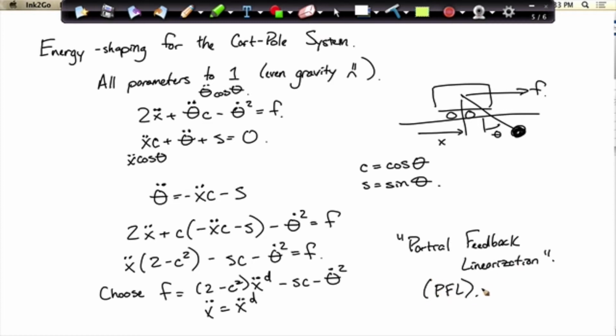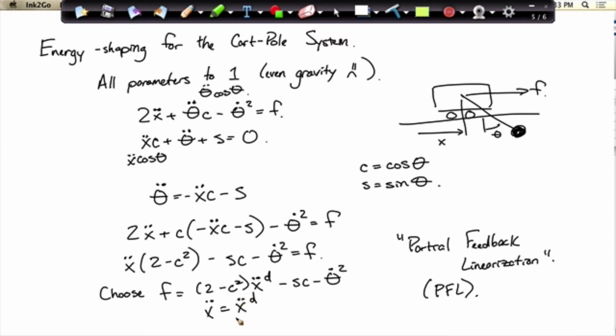PFL is the acronym of choice, PFL, okay? And it's still bad. You're still canceling the dynamics, okay? But it's going to be instructive here to see how this plays out.